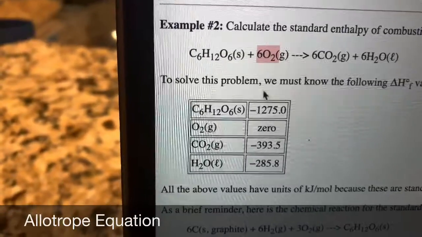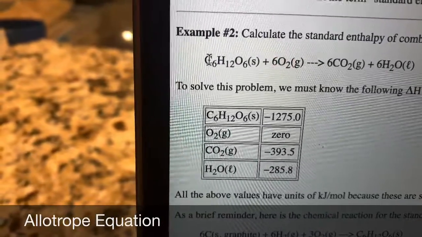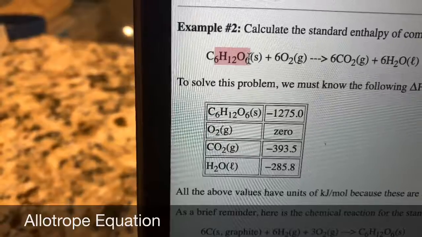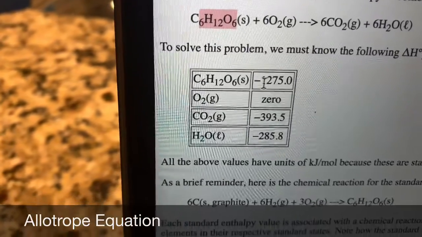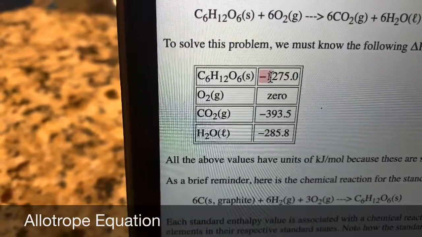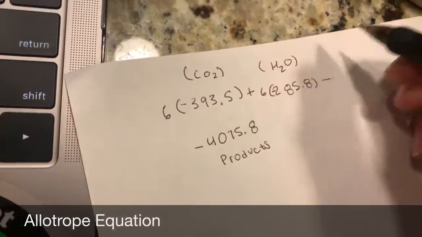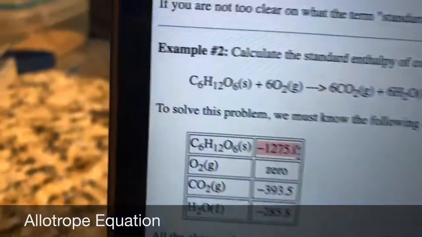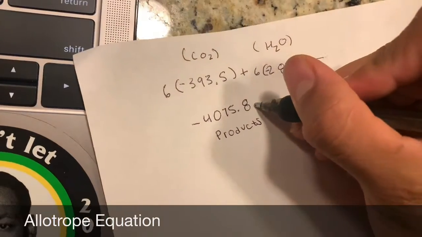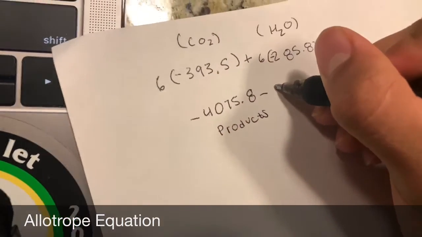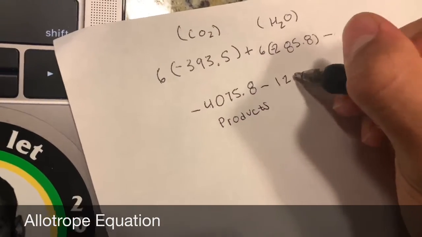So we'll just leave that blank. However, our C6H12O6 is equal to negative 1,275. We won't have to do any further calculations because there's only 1 mole of it. So we'll literally just subtract that number, 1,275.